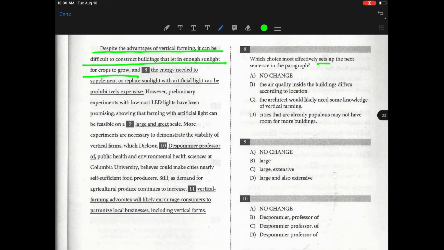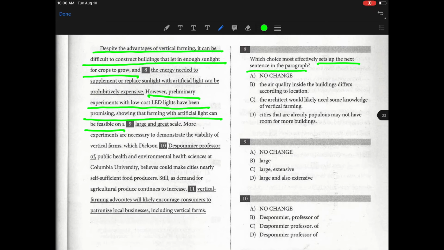Okay. Sets up the next sentence in the paragraph. So, however, preliminary experiments with low-cost LED lights have been promising, showing that farming with artificial light can be feasible on a... Okay, so they're talking about what's the idea here in this next sentence.